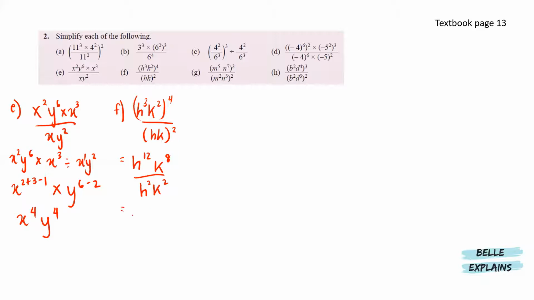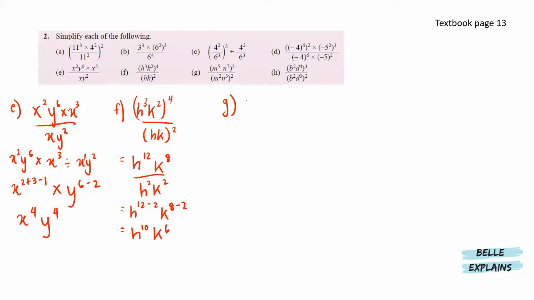So here we have a division operation, which means we will be minusing the indices. So here we have h, 12 minus 2, and k, 8 minus 2. Here we have h to the power of 10, and k to the power of 6.